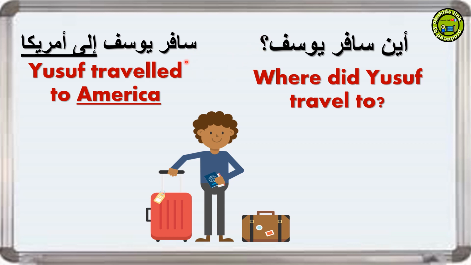Reply to it is سافر يوسف إلى أمريكا. سافر is the verb, Yusuf is the subject, إلى is حرف جر or preposition, and أمريكا is اسم مجرور, but at the same time it's the object. إلى أمريكا is the place Yusuf traveled to, but the إلى is just to describe where Yusuf traveled, along with the America.